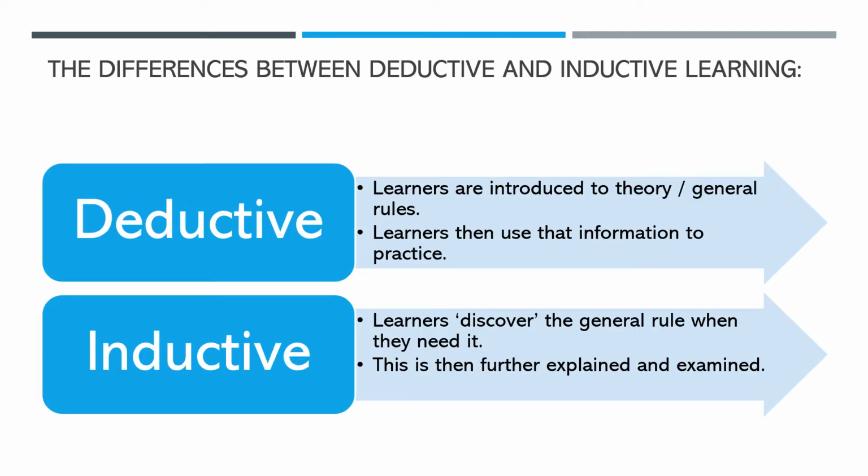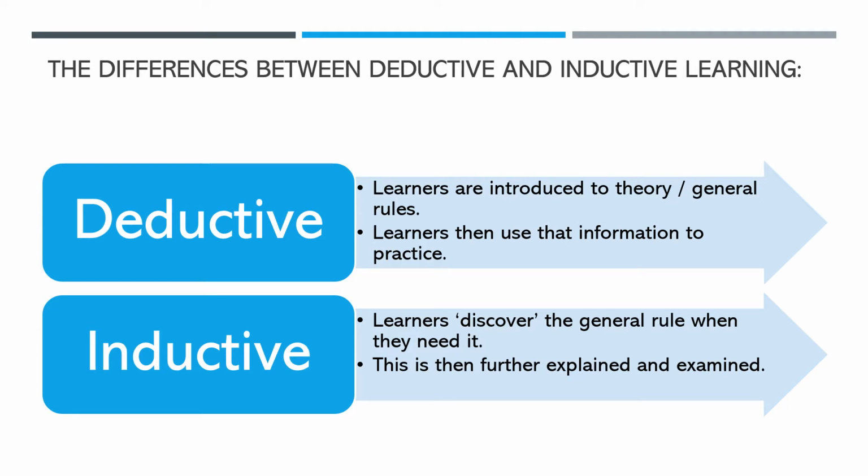So traditionally there's been two types of learning: deductive learning and inductive learning. Deductive learning is your bog standard. It's the stereotypical teacher gets up. So class, today we're going to be looking at this. This is how it works.